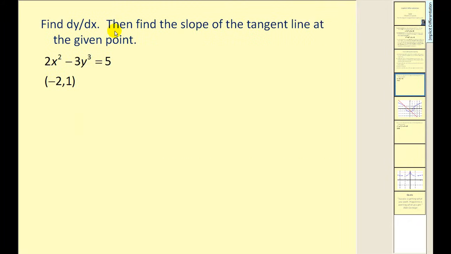Let's find dy dx, then find the slope of the tangent line at the given point. Okay, so step one is to differentiate both sides of the equation with respect to x. If the term involves x, we'll differentiate as we normally do.